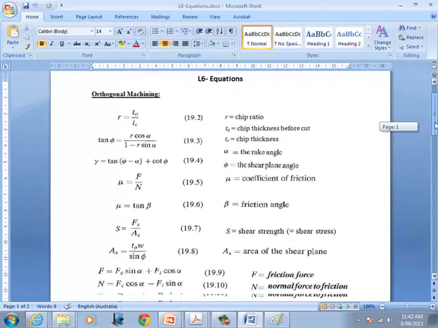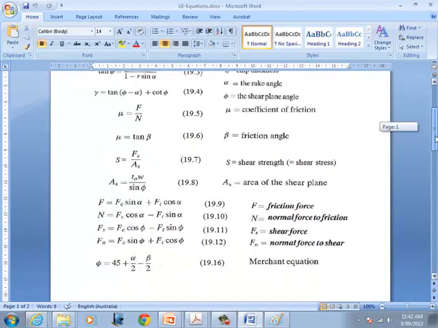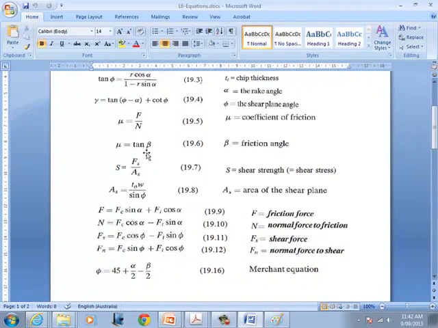Okay. The friction angle, which is beta, is given in this equation, and coefficient of friction, which is mu, is given in this equation. In order to do that, we've got to make use of those equations which represent beta and mu. Okay?